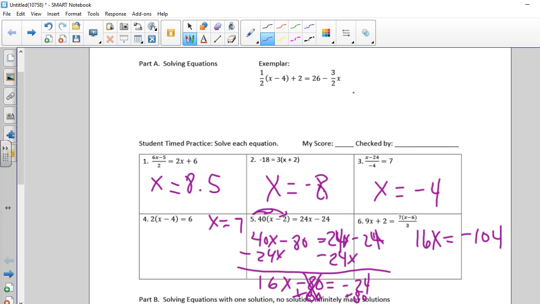So now I have to divide by the coefficient. And I get 6.5. So x is equal to 6.5.